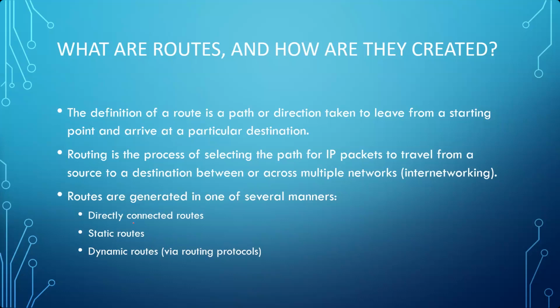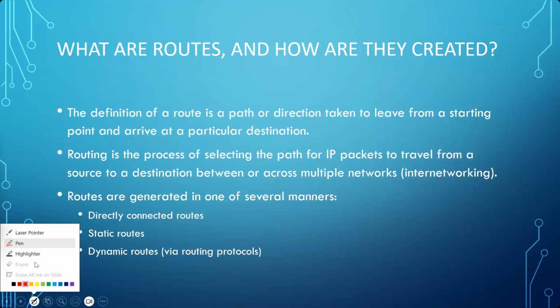But your router, most likely, once you plugged it in to whatever your service provider's network was, was probably set up for DHCP, meaning your router said, hey, I'll accept whatever information is provided to me by the service provider's router. So when you did that, your router learned a route dynamically.